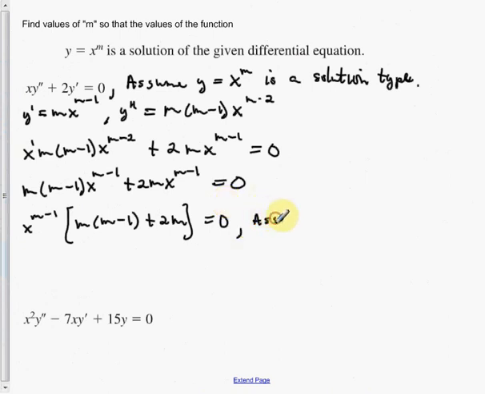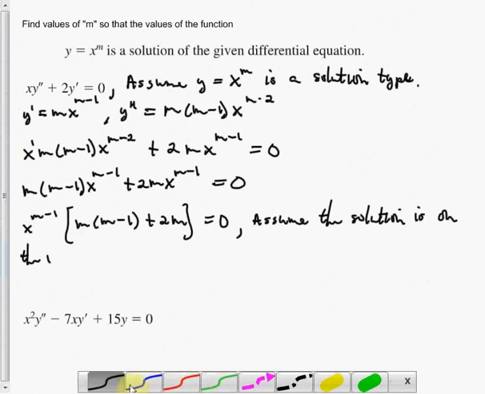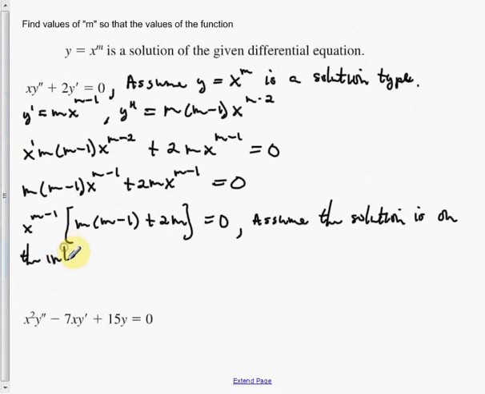Here we say assume the solution is on the open interval from 0 to positive infinity. It's on the interval from 0 to positive infinity.